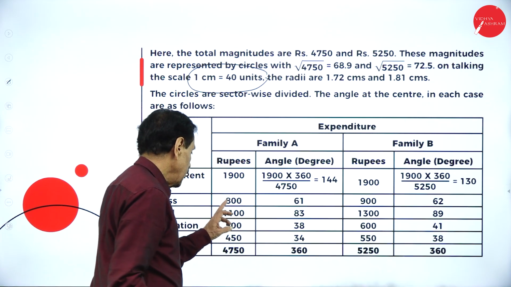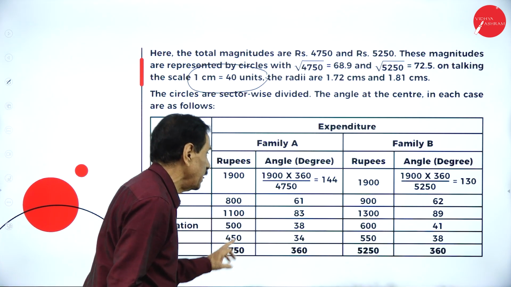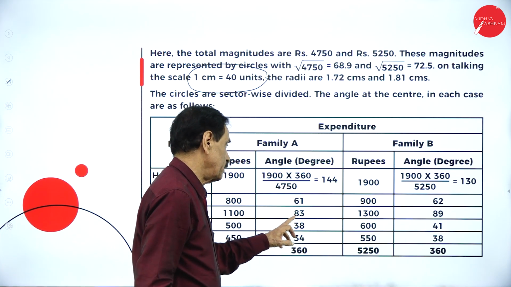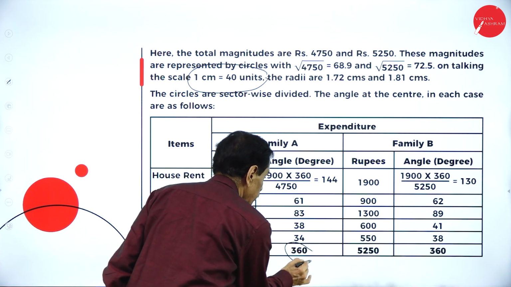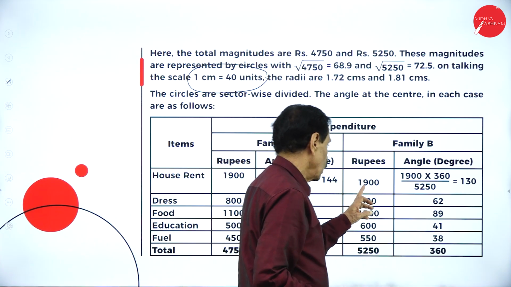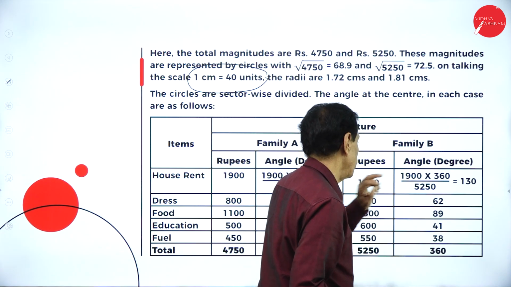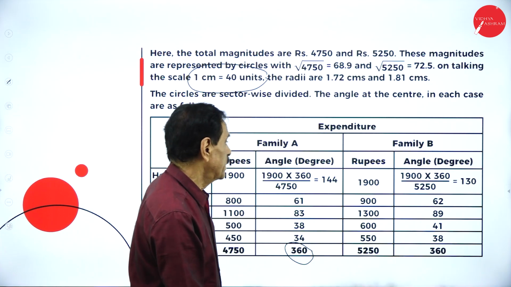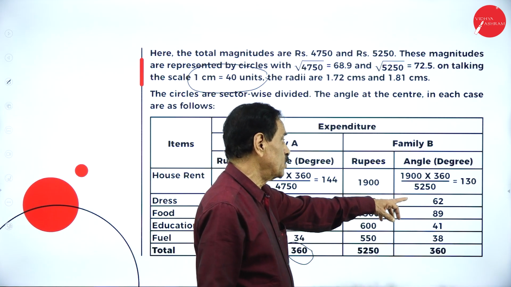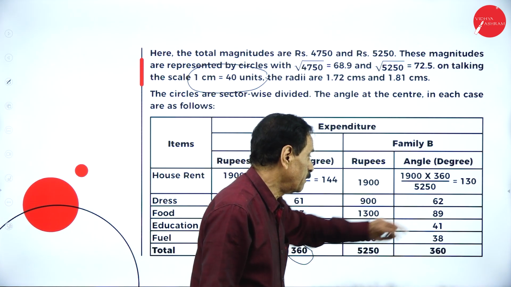Same thing here. 800 divided by 4,750 into 360 is 61. Total is 360 degrees. Here also, 1,500 and 900 divided by 5,250 into 360 will come to 130. Second one, 900 divided by 5,250 will come to 62.